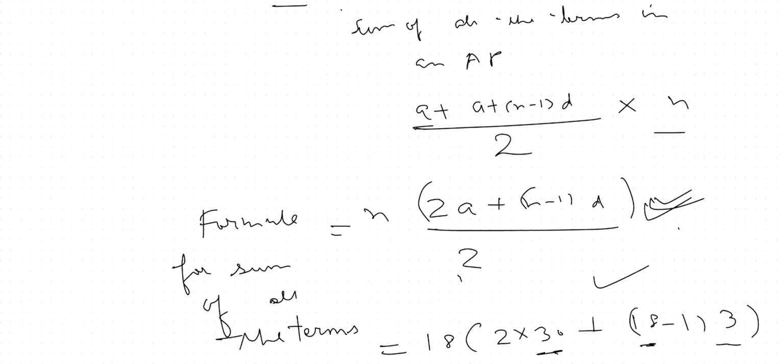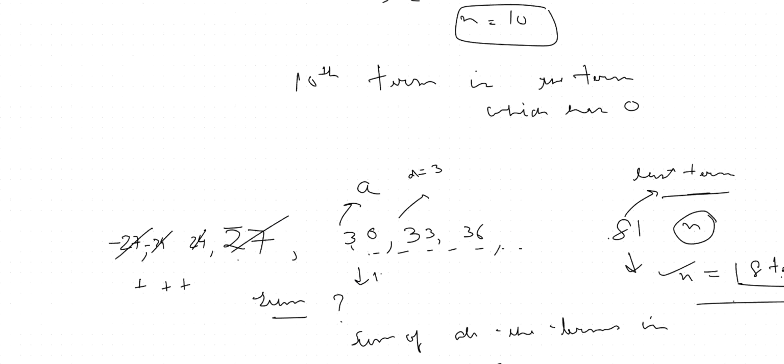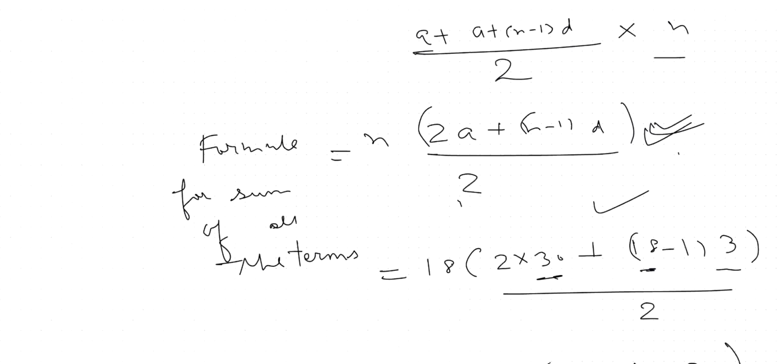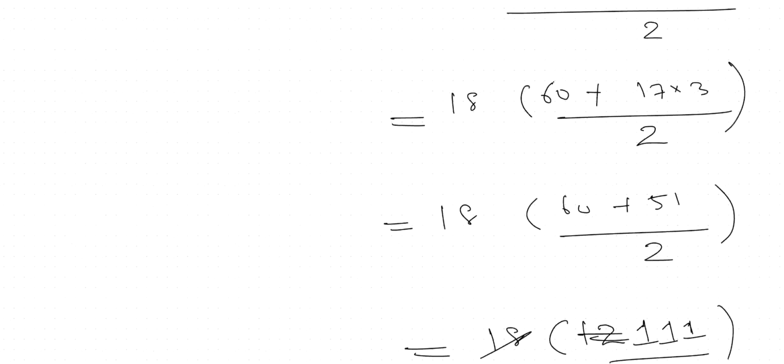What I did in this case was that I broke it into two series. The series was starting from minus 27, but actually I started the series from 30. And why I did that is because I want to tell you how to apply as well. If I'm doing that, then my A will change, and I took my A as 30.